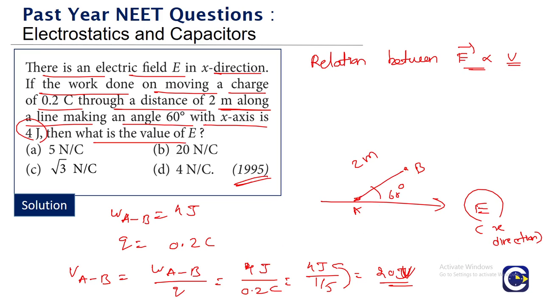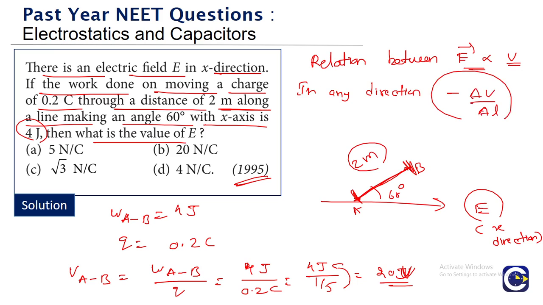Now this 20 volt potential difference is for a distance that is moved, which is 2 meter. Remember, in any direction the minus delta V by delta L, means negative of change in potential by the distance that is moved, will give the electric field component in the direction.